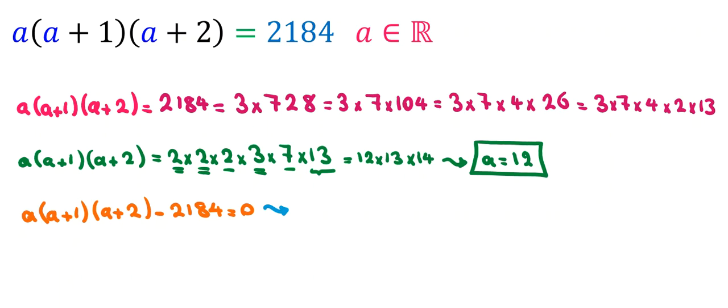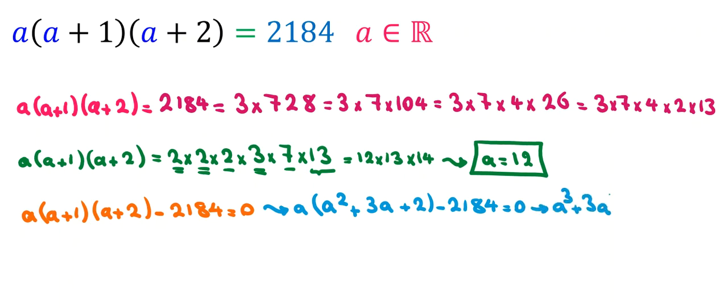If we multiply, a times a plus 1 times a plus 2 is a times a squared plus 3a plus 2, minus 2184 equal to 0. So it will be a cubed plus 3a squared plus 2a minus 2184 equal to 0.